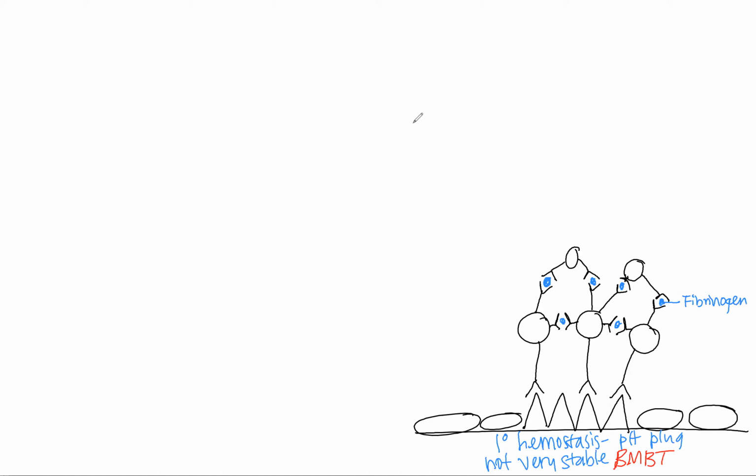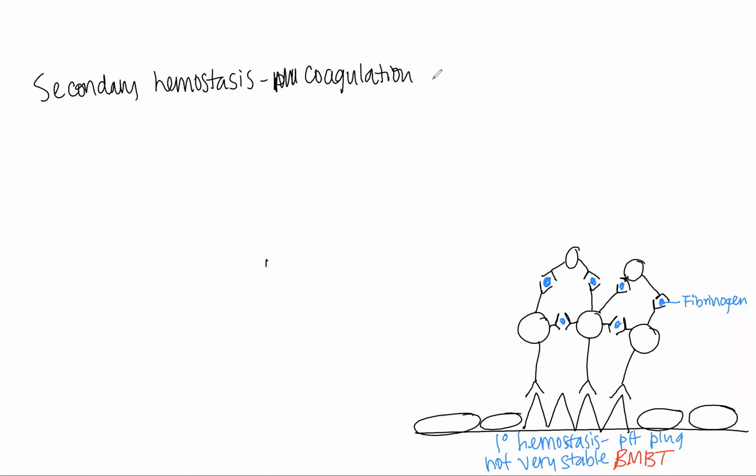So the second part of hemostasis is our secondary hemostasis, and this is our coagulation cascade.